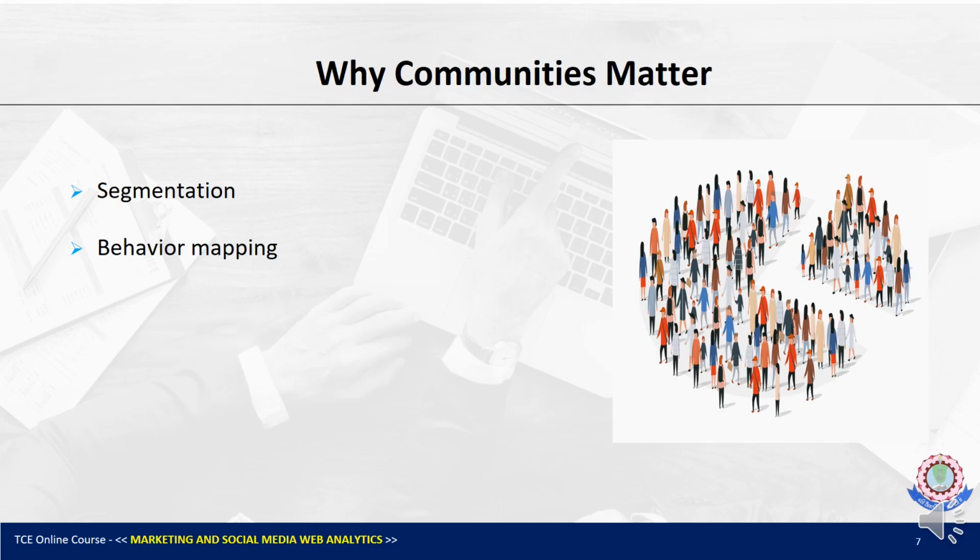Why do communities matter? Communities allow marketers to perform targeted campaigns, understand behavioral patterns, identify echo chambers, and detect fraudulent or bot clusters. Understanding communities is key to understanding your audience more deeply.